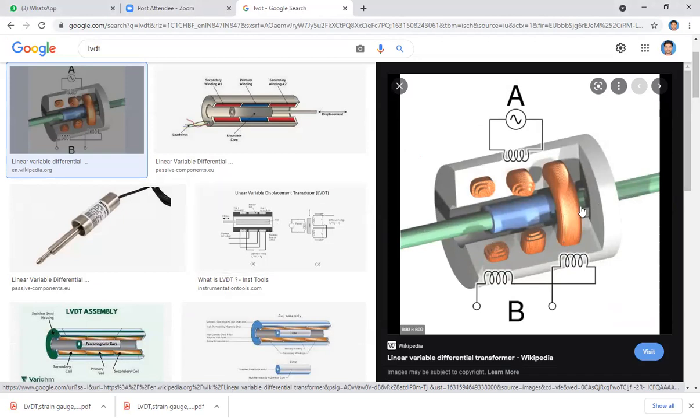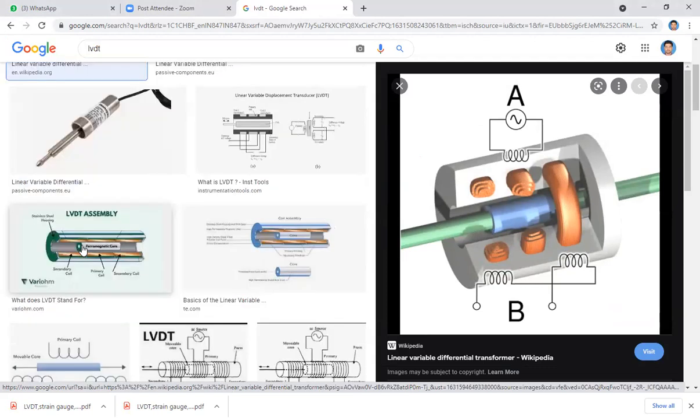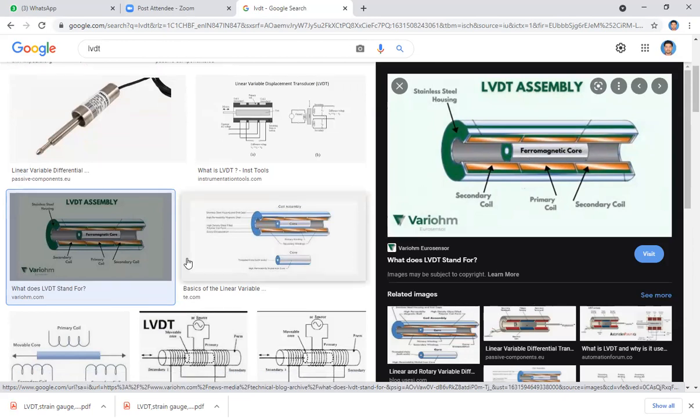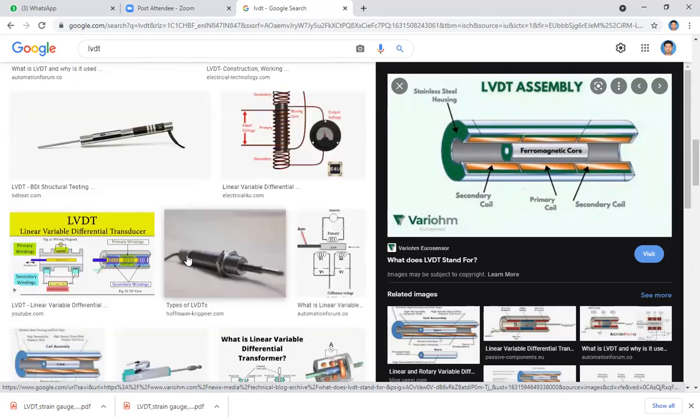This movable core is used for the measurement of linear motion. Okay. So again we have secondary windings, a primary winding, and there is a ferromagnetic core. So the output voltage of the secondary winding depends on the movement of the core.